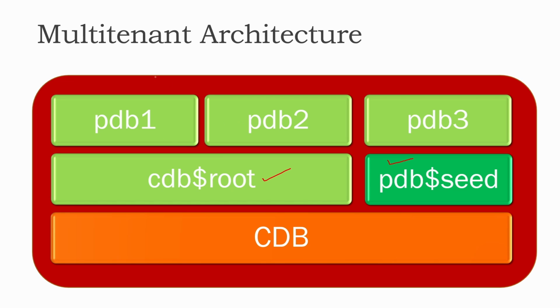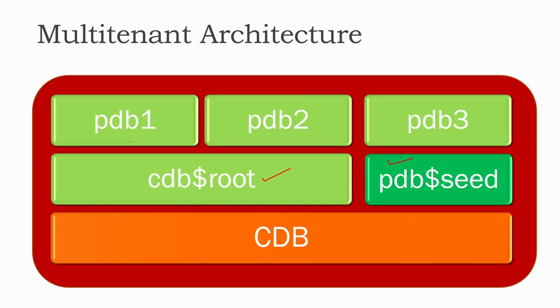Let's say, for example, we created 3 PDBs, PDB1, PDB2, PDB3. Why would you create them? Each is just an independent database. If you've used MySQL for a long time, these features are there, multiple databases within MySQL.